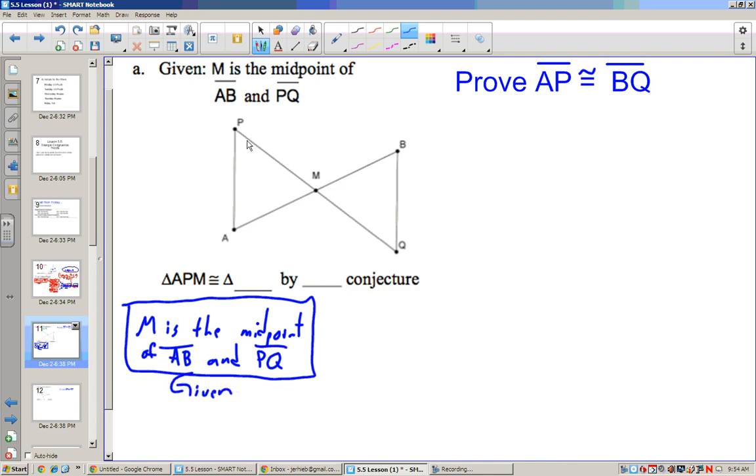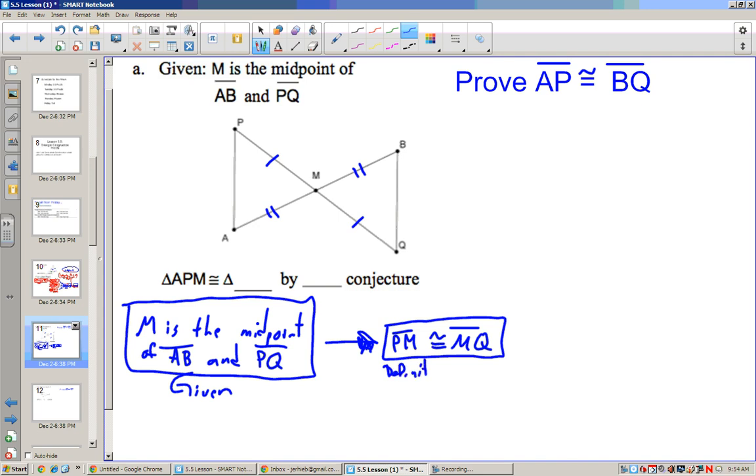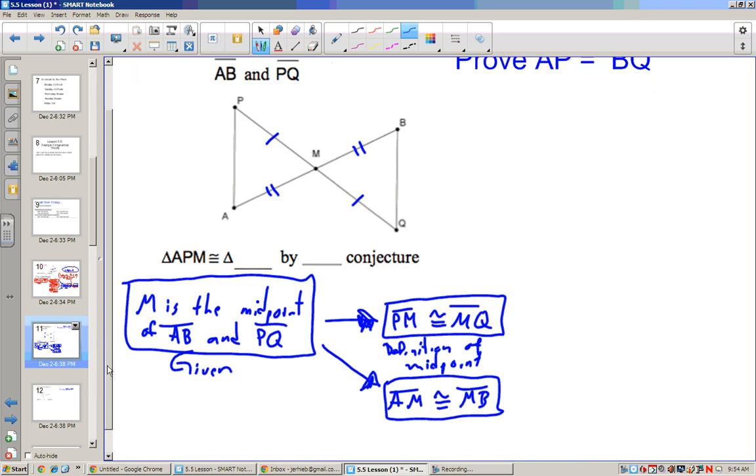Now from that, if I look at the diagram, I'd know PM and MQ are congruent, and AM and BM are congruent. So I'll start this off and say PM is congruent to MQ, and that's definition of midpoint. And then we can also find out that AM is congruent to MB, and that is also the definition of midpoint.